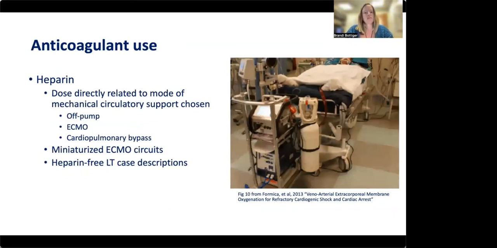But essentially, the discussion around this, and probably the next steps in the research, are to look at whether a heparin-free lung transplantation is possible. And so there have been some case descriptions around this, and miniaturized ECMO circuits have been proposed as another alternative. So I think this is coming, but I don't think we're quite there yet, at least not in our group.